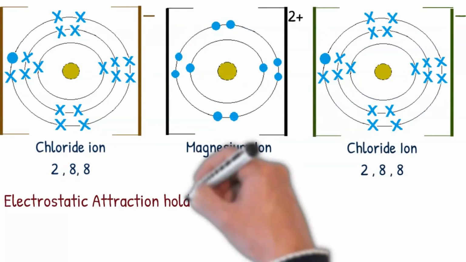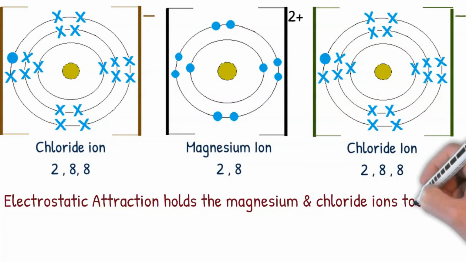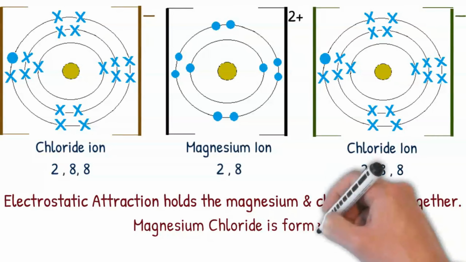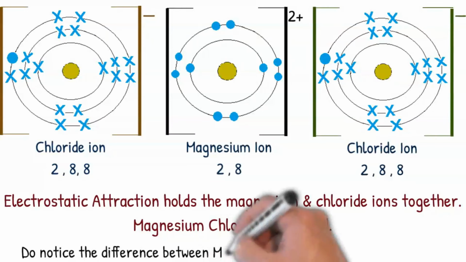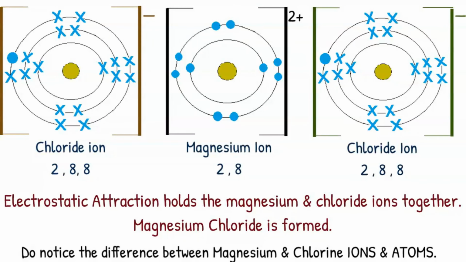Electrostatic attraction holds the magnesium and chloride ions together, magnesium chloride is formed. Do notice the difference between magnesium and chlorine ions and atoms.